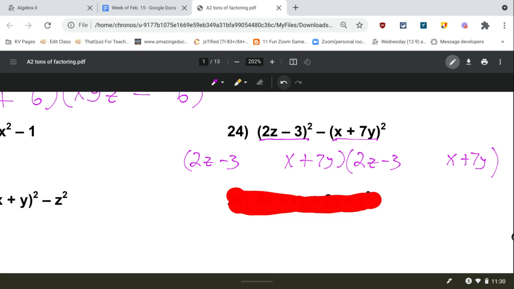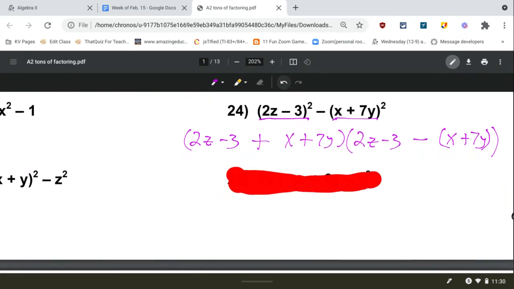Now, one of these is going to be plus, and I don't have to do anything special here. But on the one where it's minus, I actually have to minus this entire thing. So I need to put that part in parentheses, okay? So this would be the factored form, but I'm sure they want us to combine like terms, if there are any. Actually, there's not, because we have a z, an x, and a y.